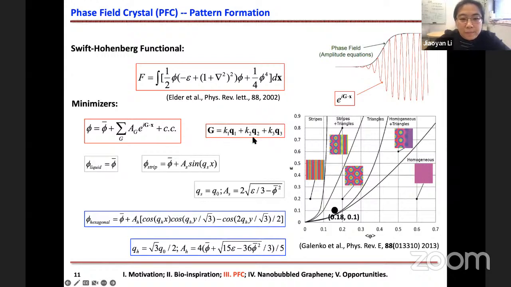This new form of the phi function is the key information that we want to integrate in the PFC model, because in all the solutions, those minimizers of the function are functions of the Q, K, and A's.